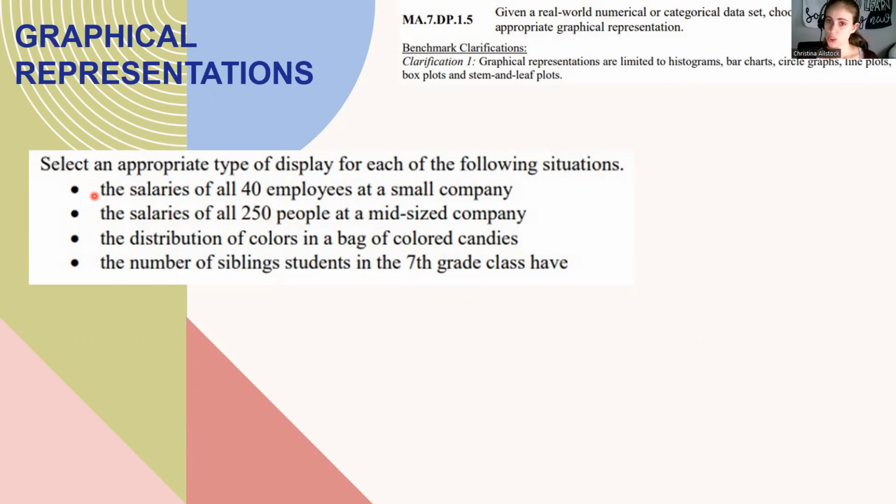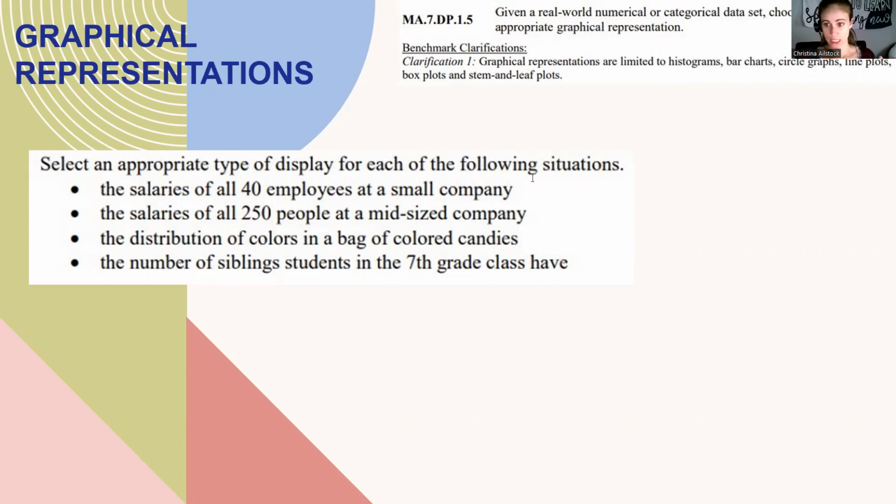So I'm kind of leaning towards either a bar graph or a box plot. And this one, I think you could argue either way. I am leaning a little bit more towards the box plot because maybe if they're trying to compare the salaries, they're trying to find the min, the max, and then they're trying to find that median.